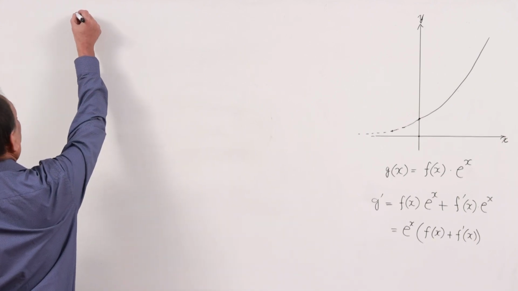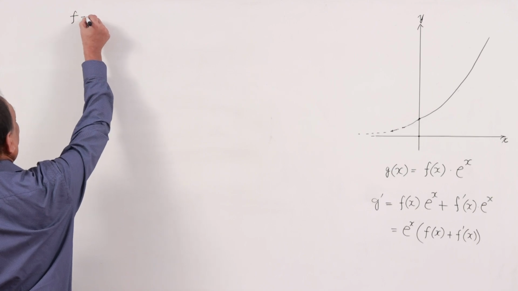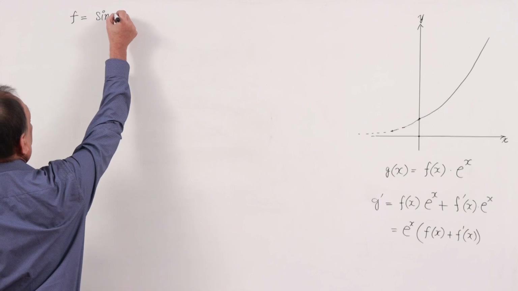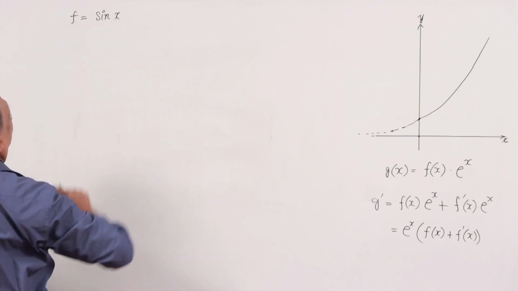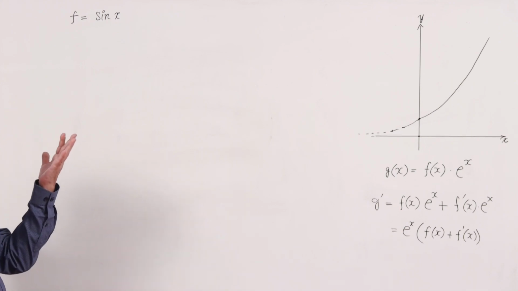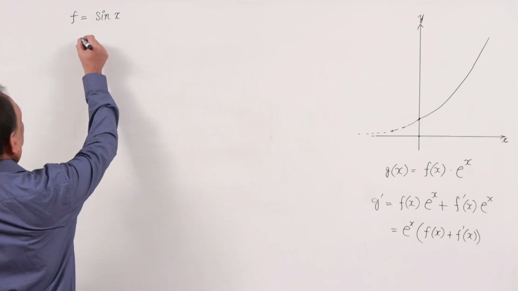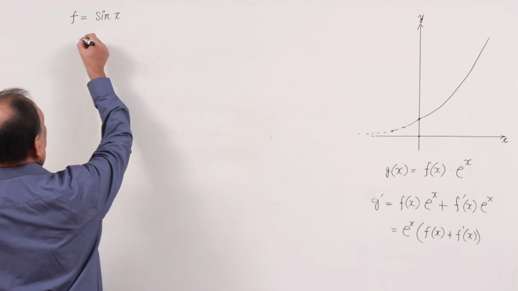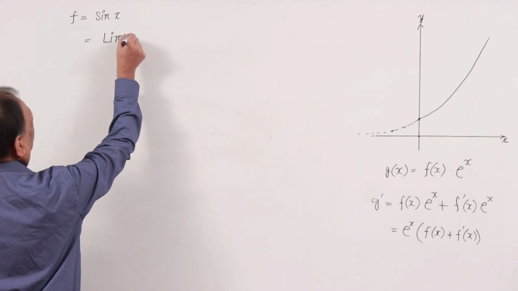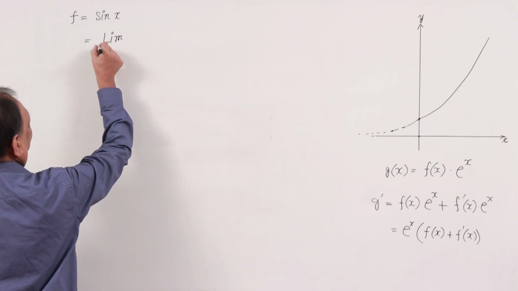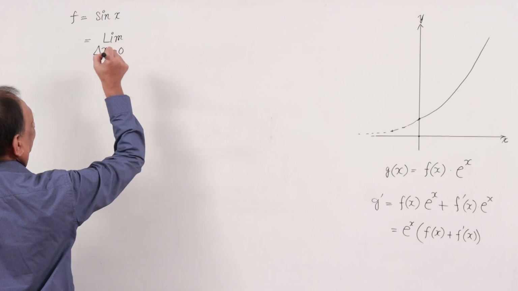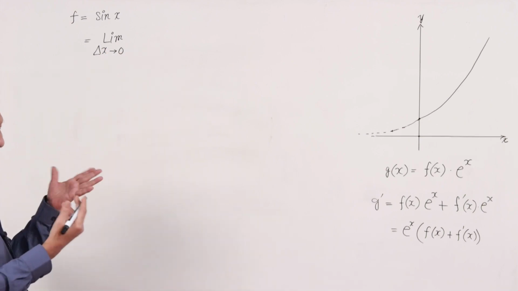Suppose I have f equal to sin x. How do you differentiate this? Our standard practice is to write the limit. So I want to write that as a limit, as delta x goes to 0. We give a small increment to x and see what happens to sin x.